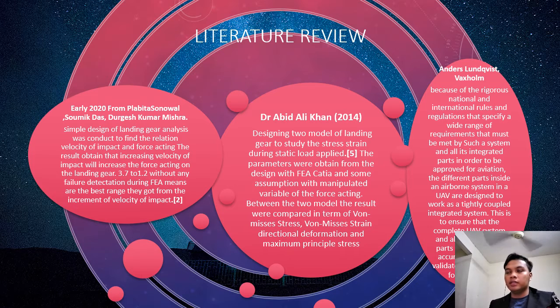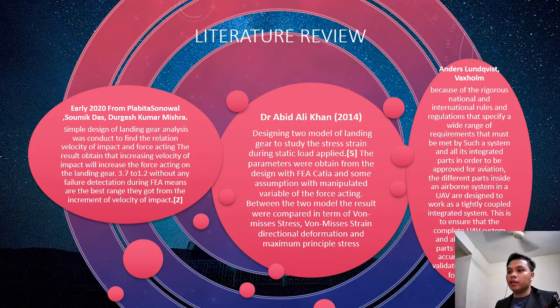An India research paper about the arrangement of components of a UAV states that because of the rigorous national and international rules and regulations that specify a wide range of requirements that must be met by such a system and all its integrated parts in order to be approved by aviation, the different parts inside an airborne system in a UAV are designed to work as a tightly coupled integrated system.